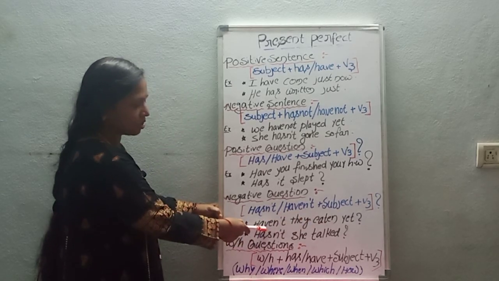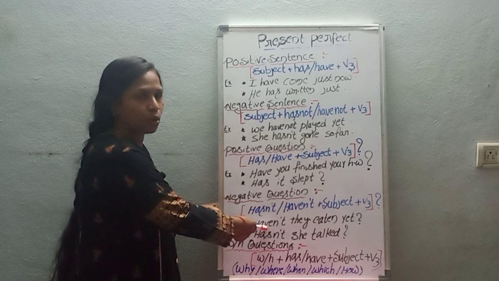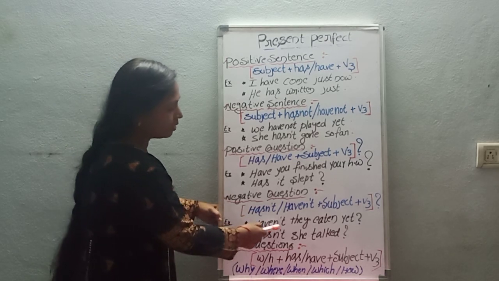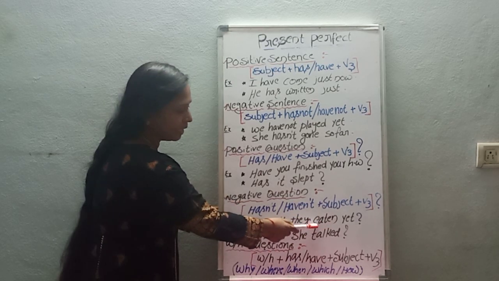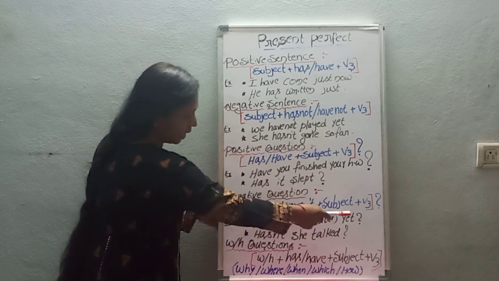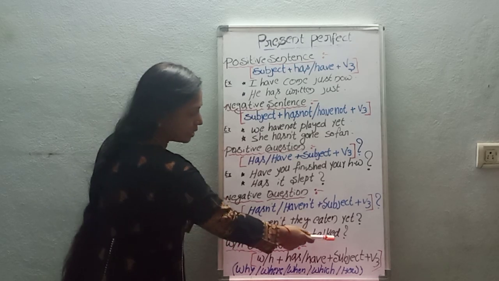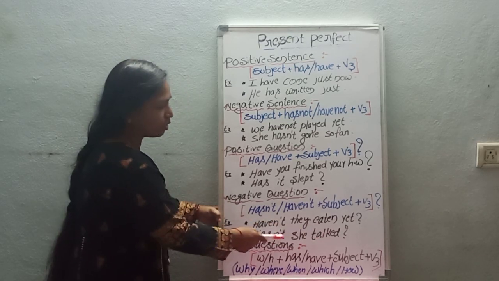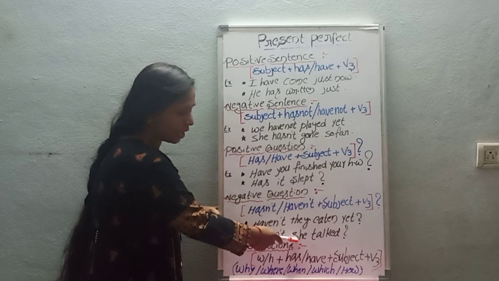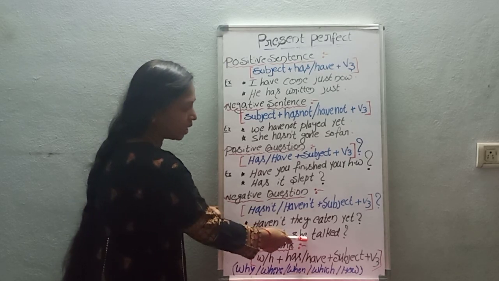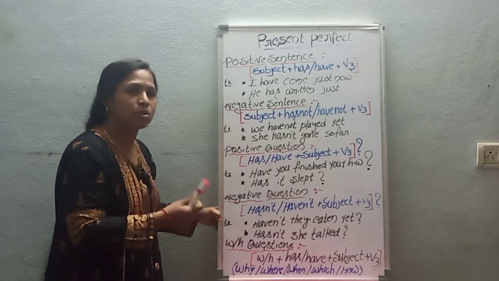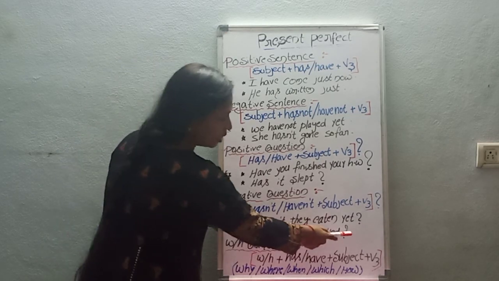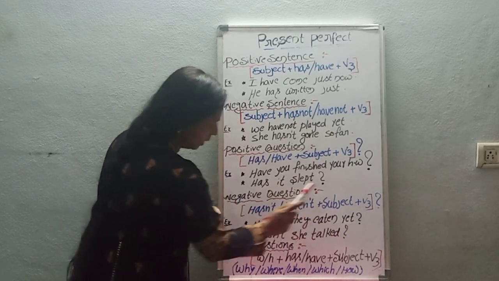Either you use haven't or have not. Haven't, subject they, eaten, the third form of the verb. Eat, ate, eaten. Hasn't she talked? I used hasn't for the singular noun she. So hasn't she talked? This is the third form of the verb talk: talk, talked, talked, talking. There is a question mark at the end of the sentence.